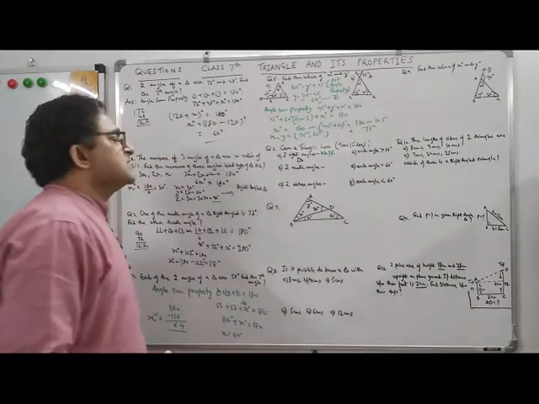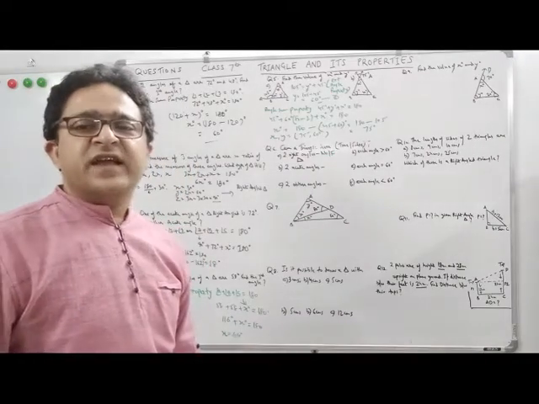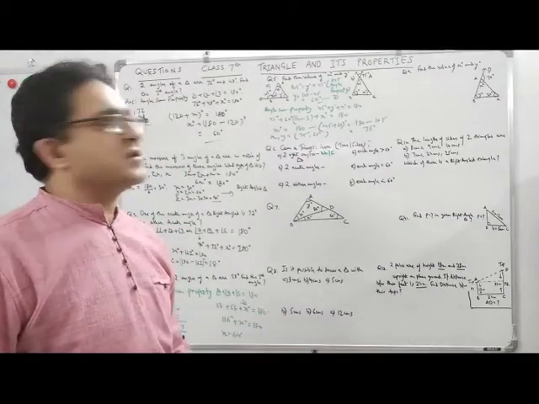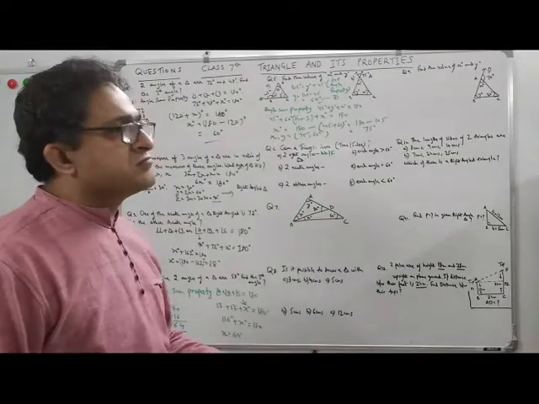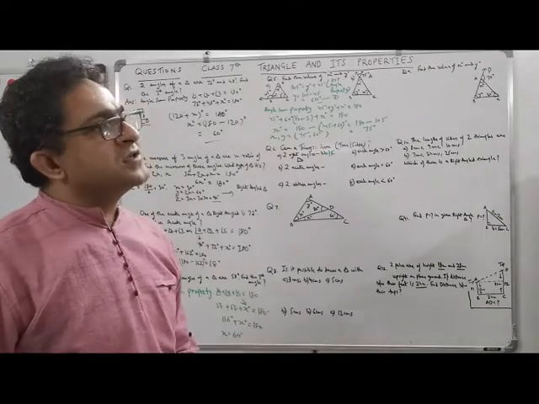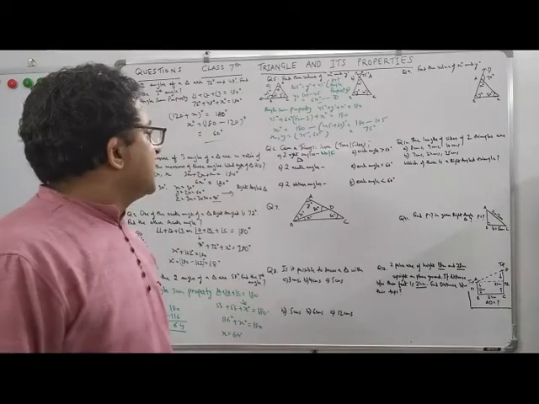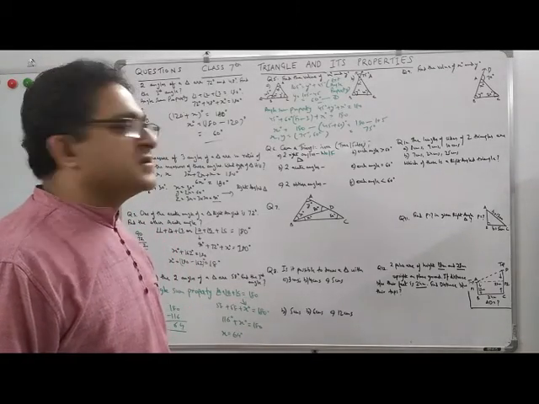Two acute angles. Okay, what is an acute angle? Less than 90. Let's take 89. If I take 89 into 2, that is 178, and then 2 degrees is still left.